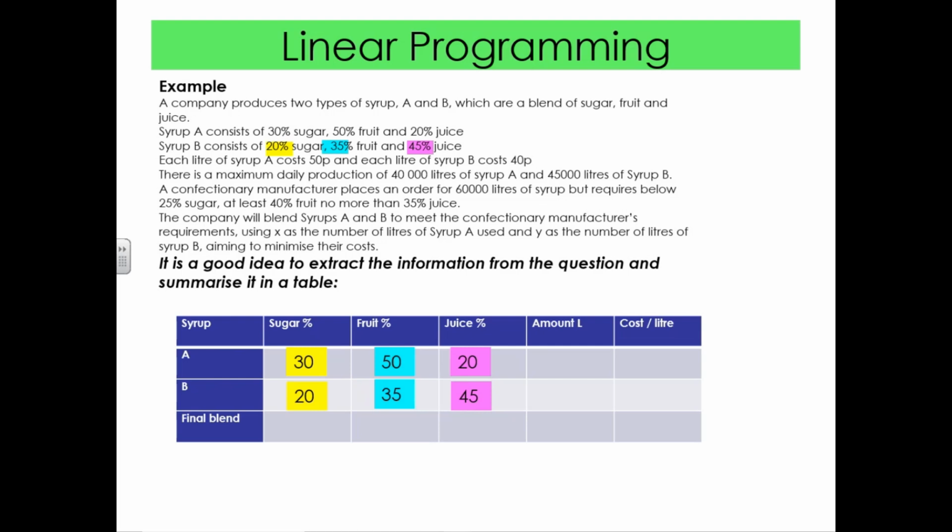It also tells you how much each litre of syrup costs. So syrup A is 50p per litre, syrup B is 40p per litre. And it also tells us the restrictions on the maximum production of each syrup, which we'll summarise in this table here.